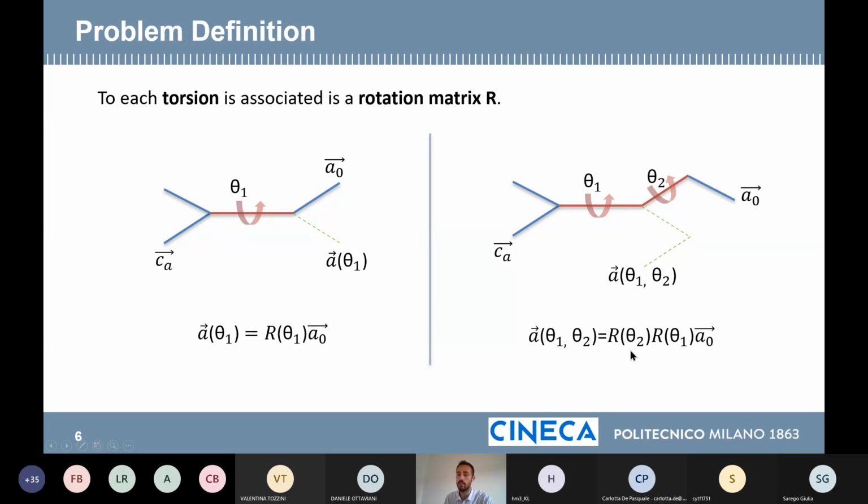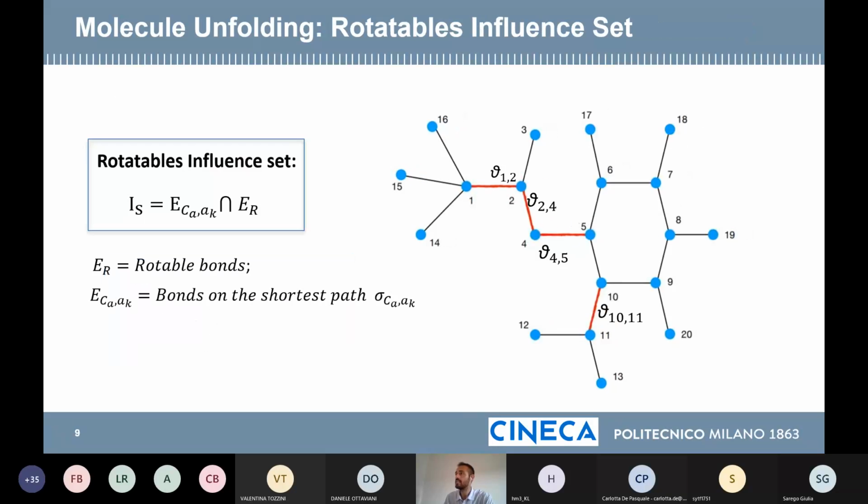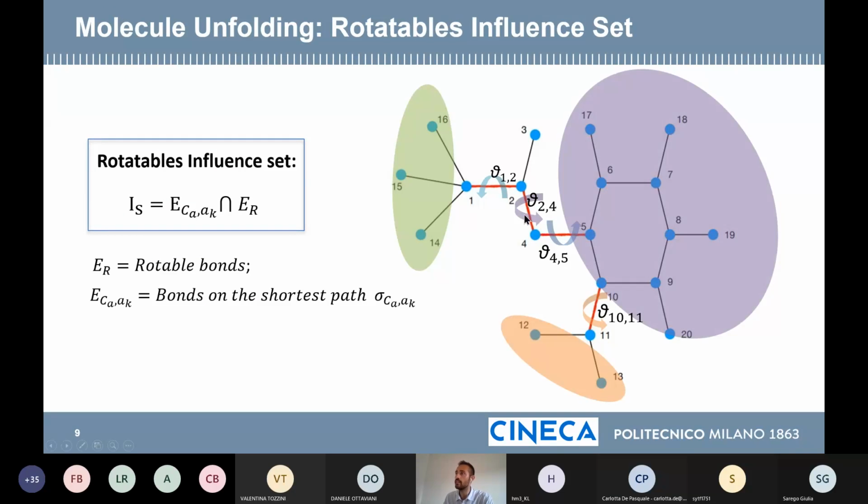Now, the distance is not in the graph sense, but in 3D space, because when you rotate this one, for example, all these three will rotate in space, and so just considering this rotatable bond here, you modify the difference between 16 and 13.